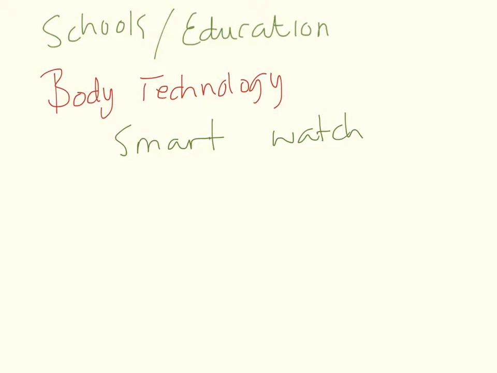And this in turn educates students about a healthy diet, about exercise, about being a healthy individual, and the importance of having an active lifestyle and the benefits of that. Body technology might also be referred to as wearable technology.